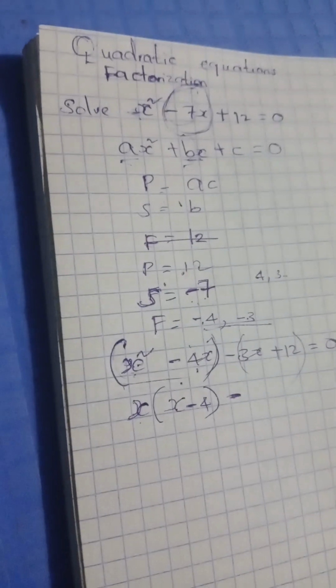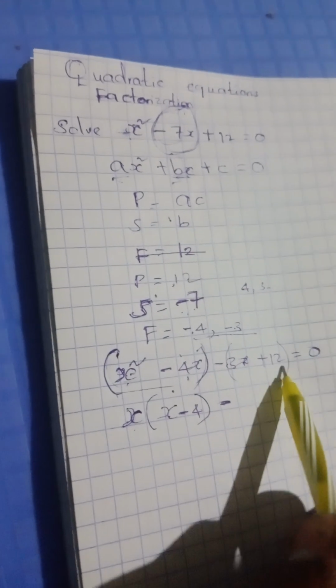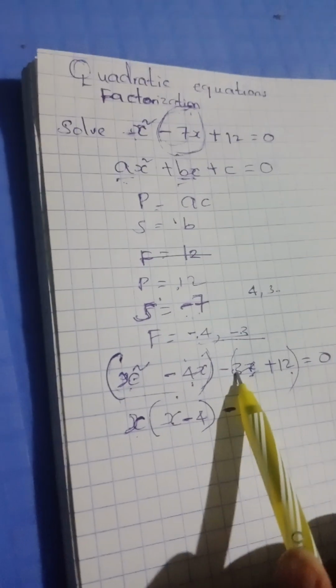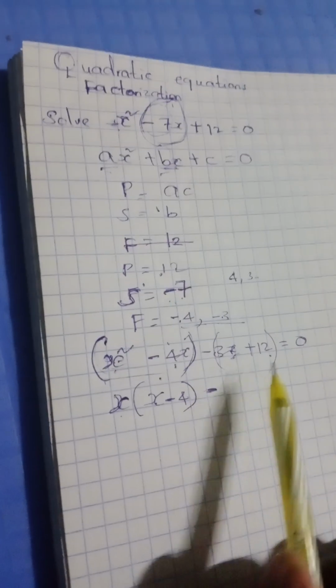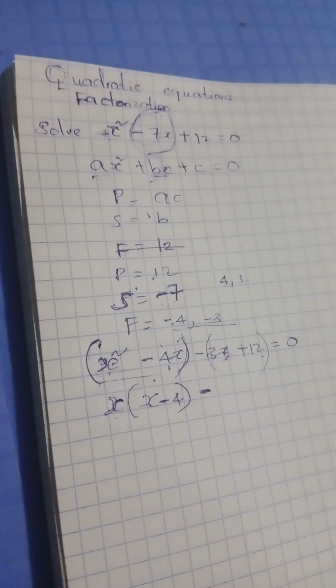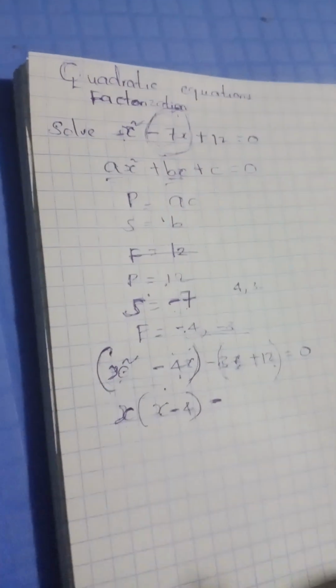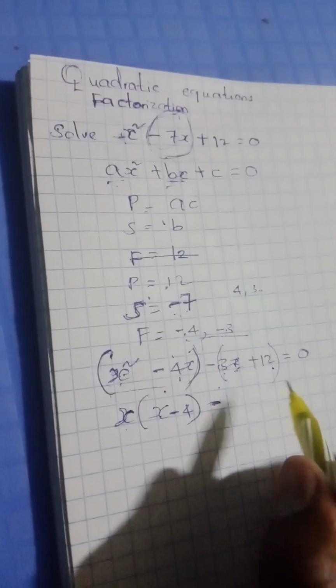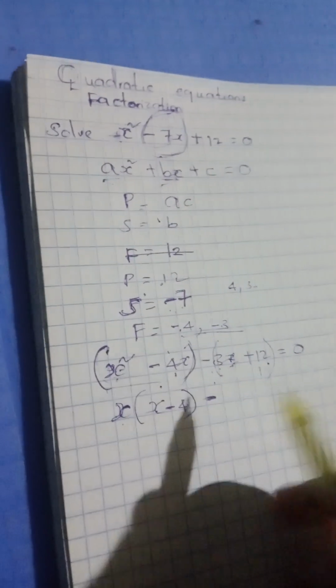Minus 3x plus 12. What is common here? We can't say x is common because 3 is the only number with x. So the common thing here is 3, because 3 is divisible by 12, and 12 is divisible by 3.